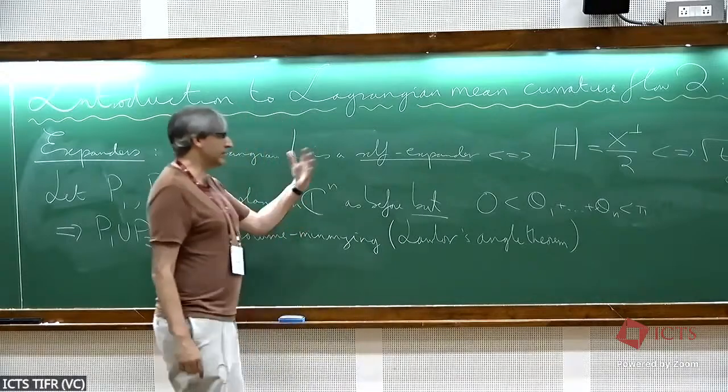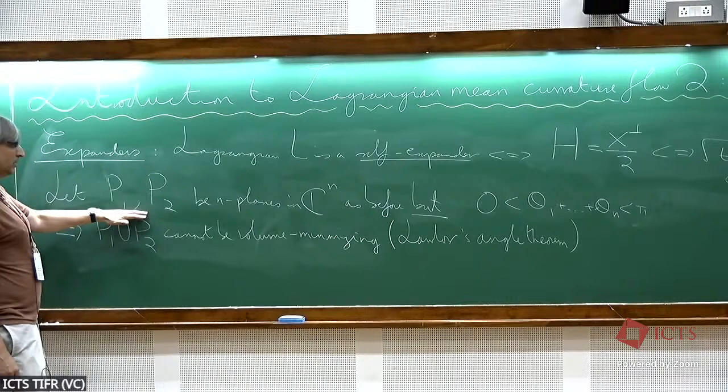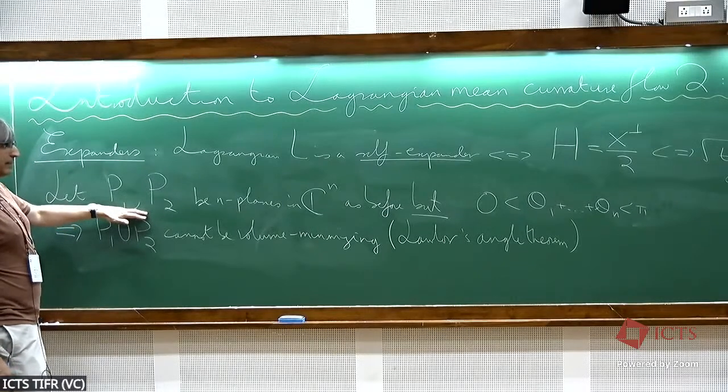Okay, so this thing cannot be a union of special Lagrangian cones, right? That's not possible. But I'm claiming there is something asymptotic to it that's interesting, and that's the self-expander.